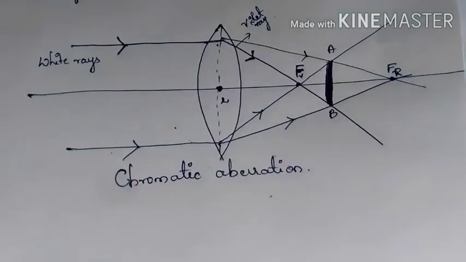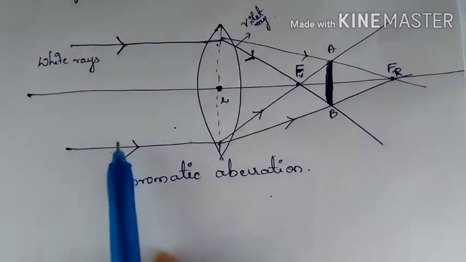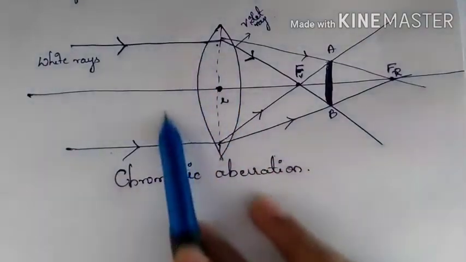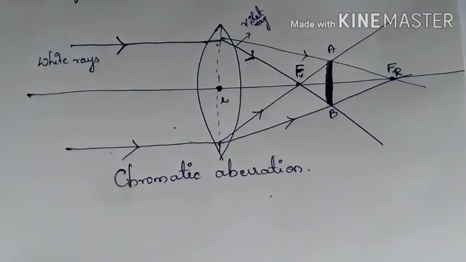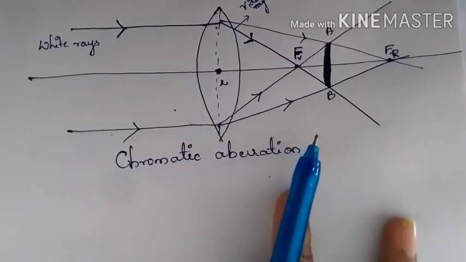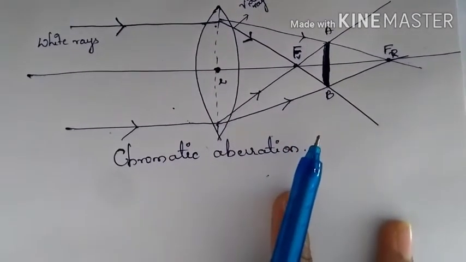So let us see what will be the dispersive power of this material. So as I said, the refractive index of the material of a lens is different for different colors of light or for different wavelengths of light. So hence the focal length of a lens is different for different colors.